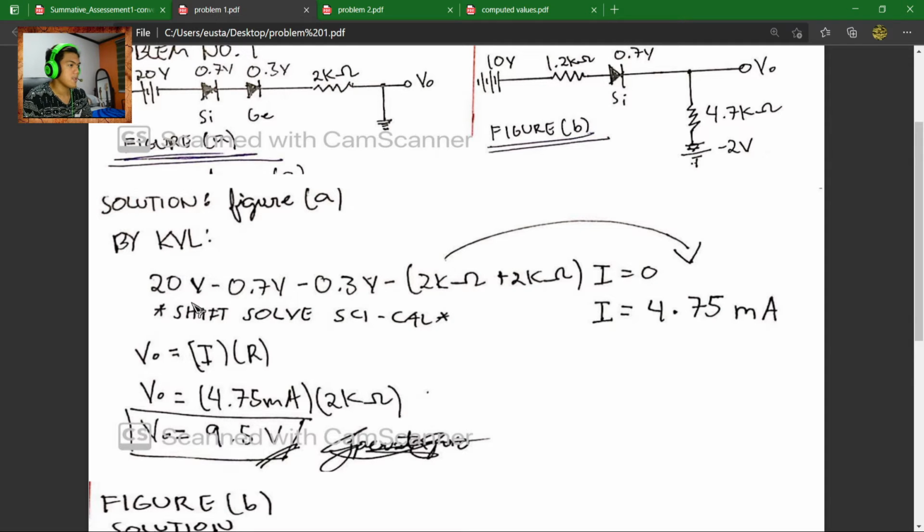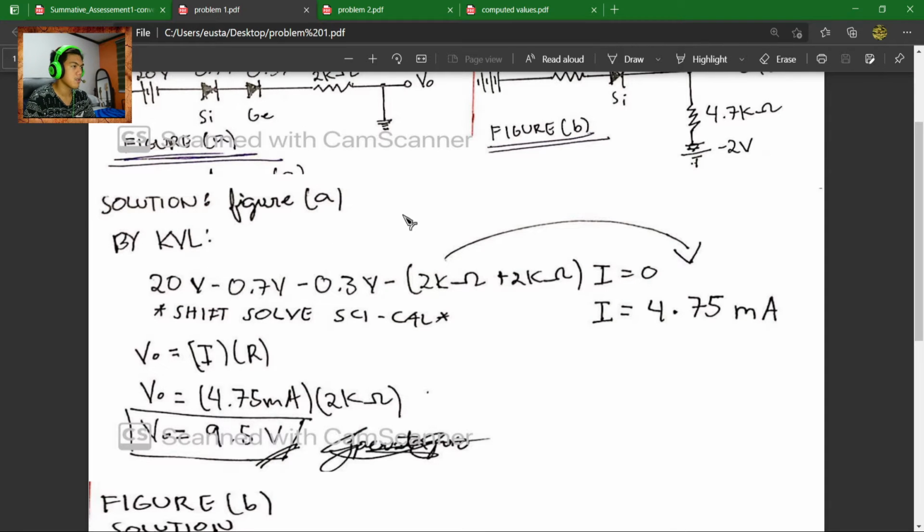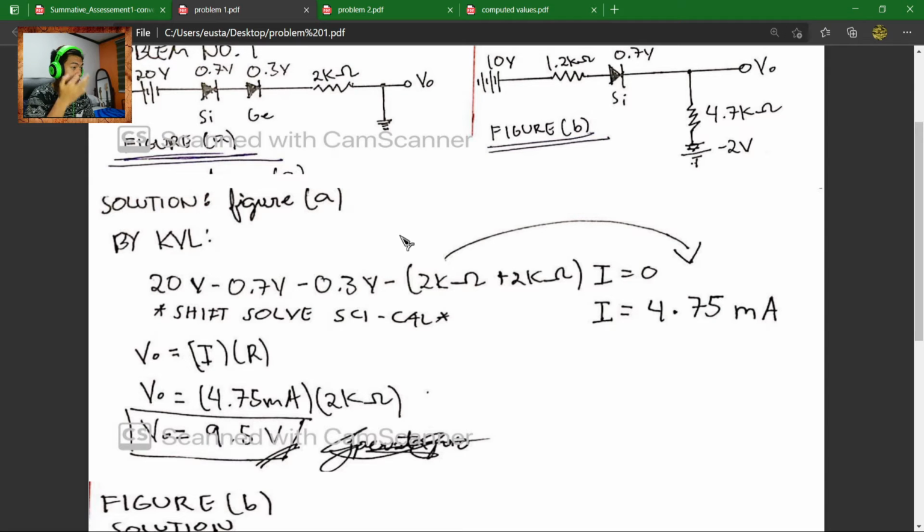So, 20 volts for the power source, minus 0.7 volts, the silicon drop of the diode, minus the germanium diode drop, which is 0.3 volts, then minus the resistances of R1 and R2. There should be an R2 right here, but I forgot to draw it, so we'll just assume that there is an R2 right there.